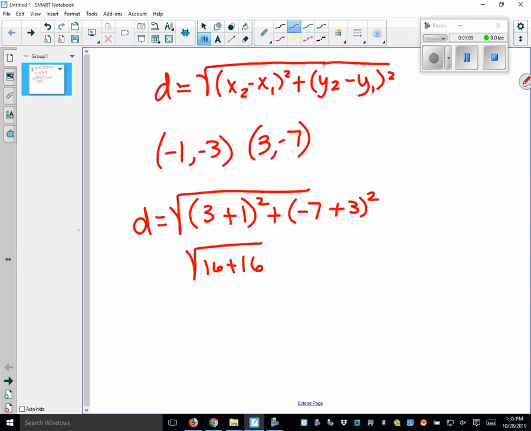Am I right? Yes. My answer is not radical 32. It is 4 radical 2. Right? You all know how to do that? Yes. You know that formula. It's not just what you're going to do tonight. Study.